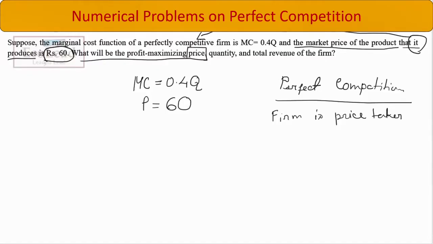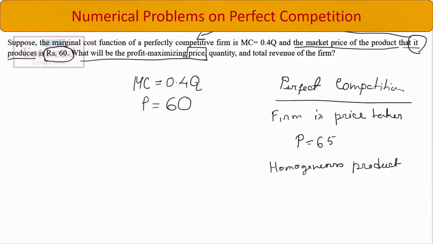Let us take an example. Suppose the individual firm charges rupees 65, since he is dealing with homogeneous products. If a consumer comes to this firm and asks the price and the firm says it is rupees 65, he will go away. Why?